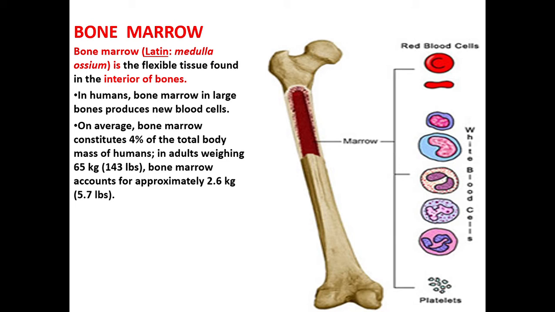On average, bone marrow constitutes 4% of the total body mass of humans in adults weighing 65 kilograms or 143 pounds. Bone marrow accounts for approximately 2.6 kilograms or 5.7 pounds.